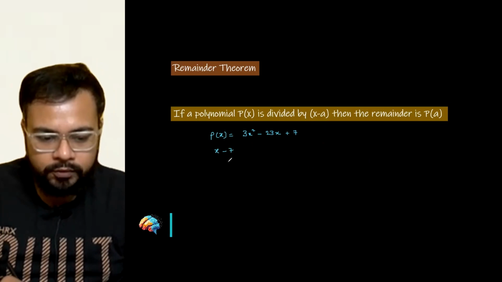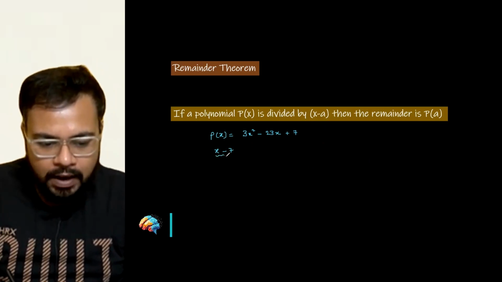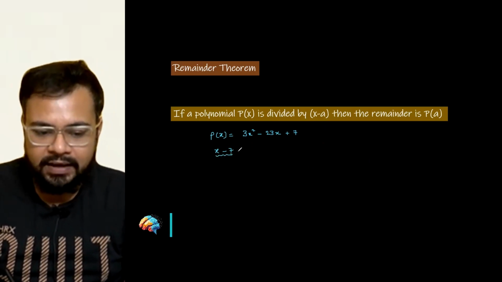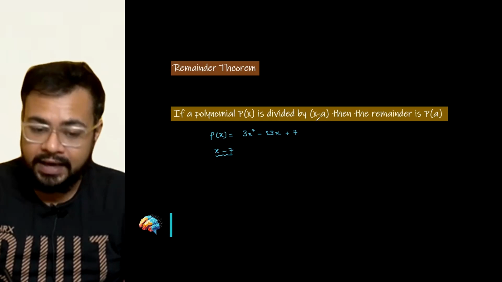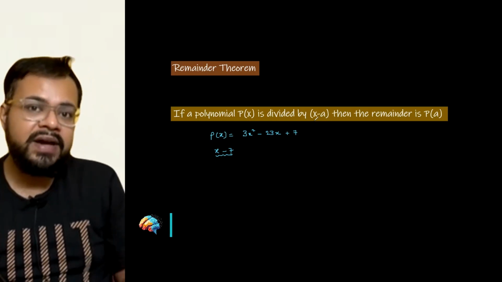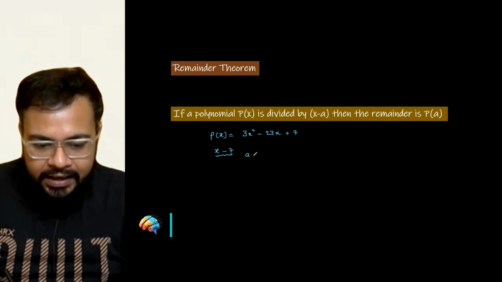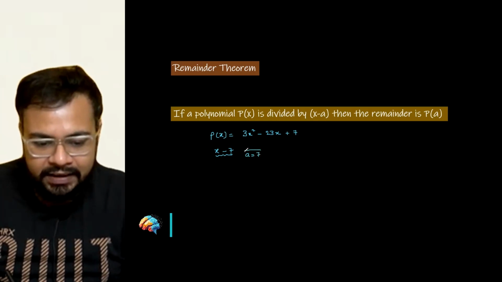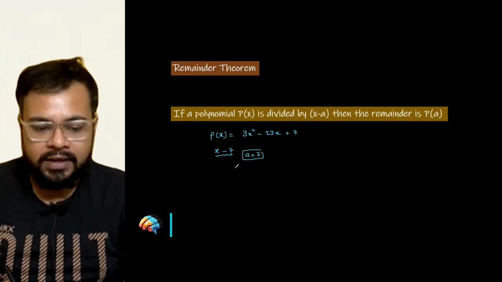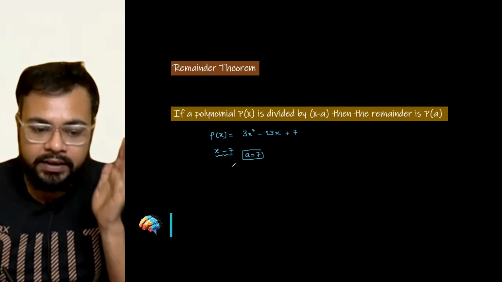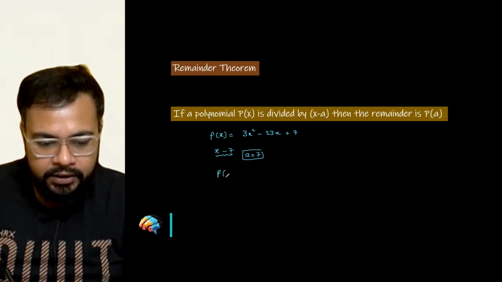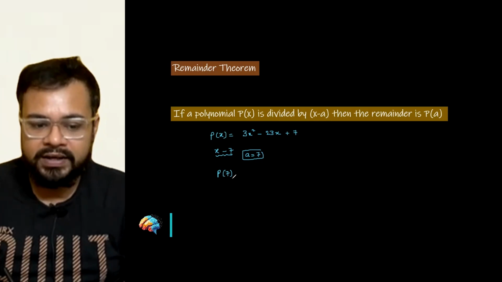Great. I want to divide this with a polynomial x minus 7. So if I compare this with the statement here, this is my divisor. It says that if it is divided by x minus a. Comparing that, I can understand my a is 7. So according to the remainder theorem, my remainder should be P(7). What is P(7)?